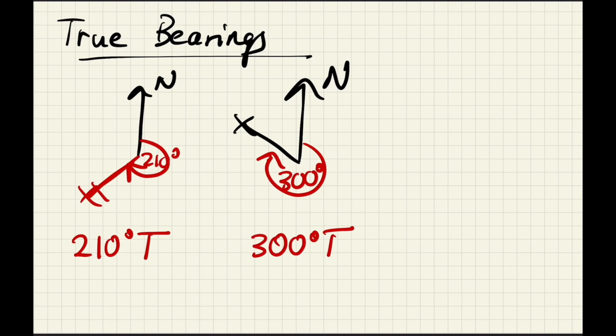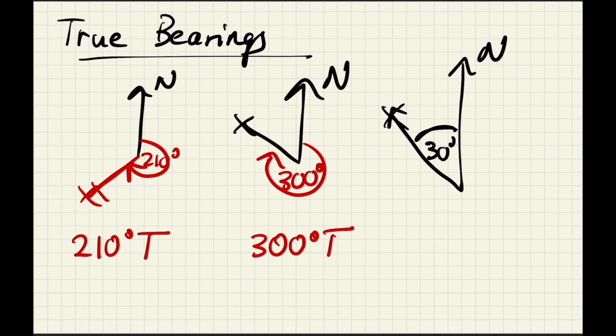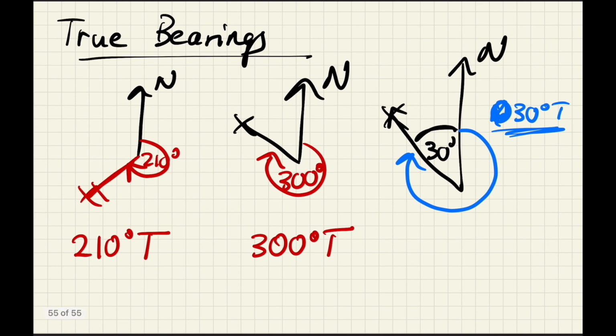Let's do a little bit of a different one. Let's say I have north, and here's my point, and let's say this is actually 30 degrees and we need to find the true bearing. Well, it's wrong for us to say 030 degrees true, because remember, with a true bearing, we're always starting at north and going in this direction here, in our clockwise direction.